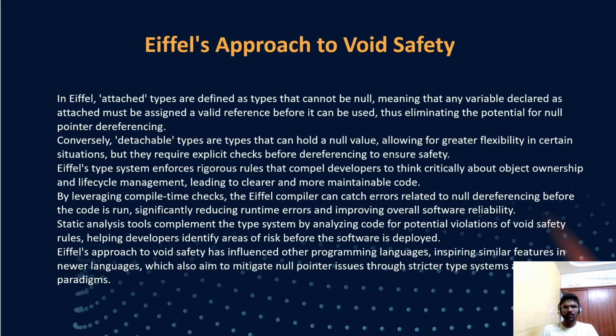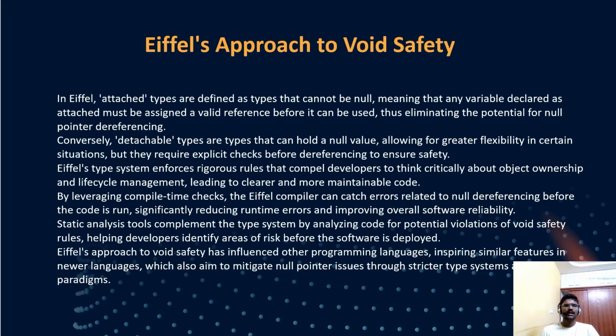So let us see how Eiffel approaches this problem. In Eiffel, attached types are defined as types that cannot be null, meaning that any variable declared as attached must be assigned a valid reference before it can be used, thus eliminating the potential for null pointer dereferencing.